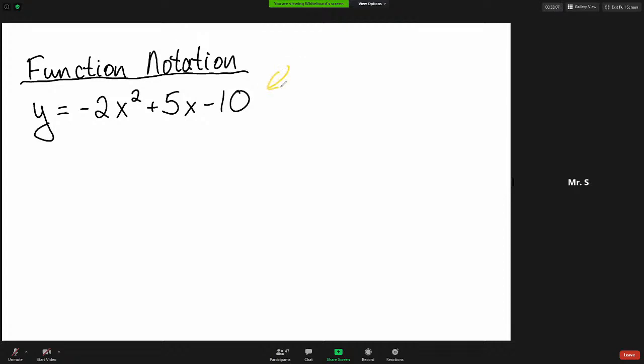That this is a function because any x that I pick, there's only going to be one y that results from any given x.